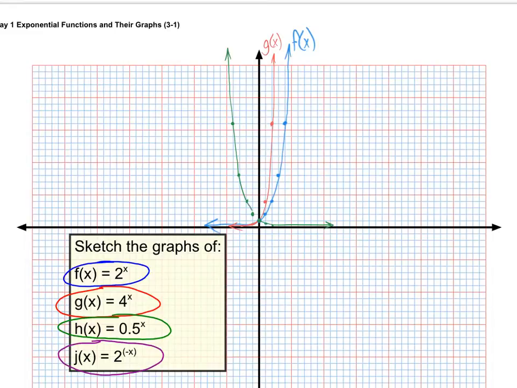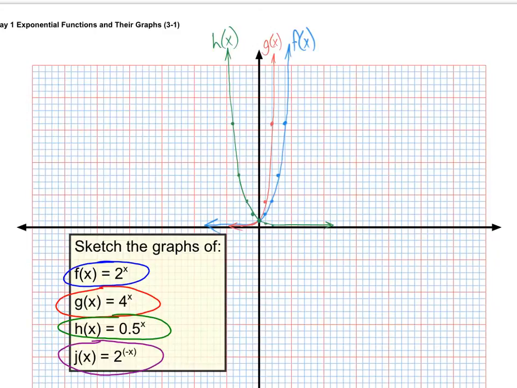It's been reflected, right? So there's our h of x. It's the reflection of f across what? The y-axis.